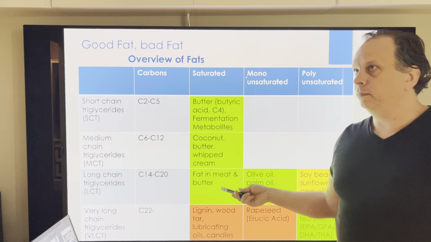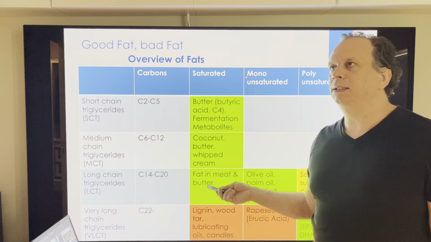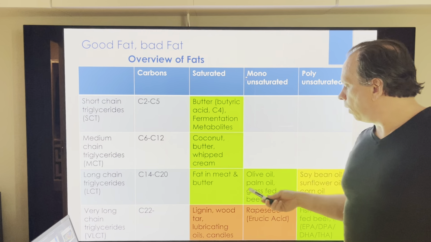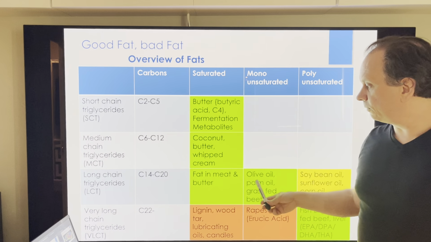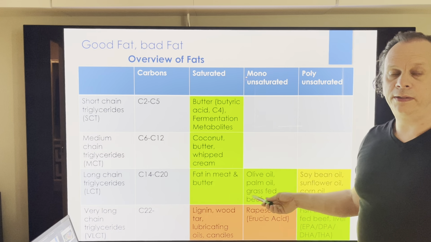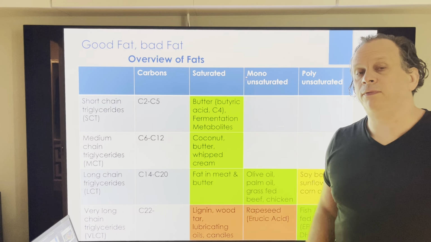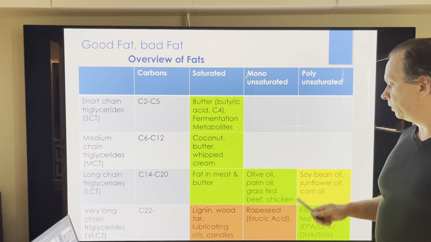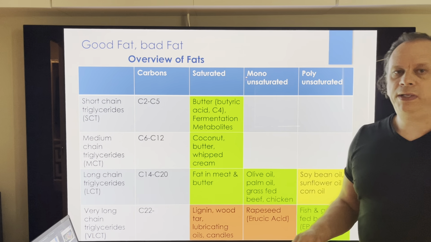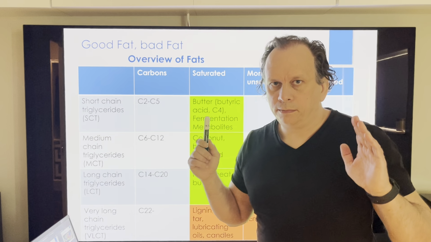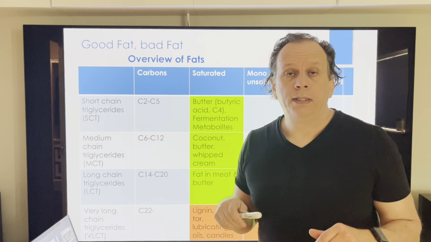Even though meat often consists more of monounsaturated fats than saturated. Usually it's like 45% monounsaturated and slightly less saturated fat, and then some polyunsaturated. But often when you hear the media talk about it, it's like meat is only saturated fat, which is not true.